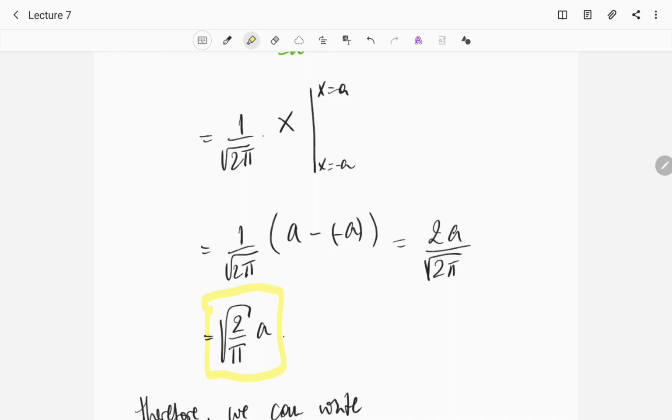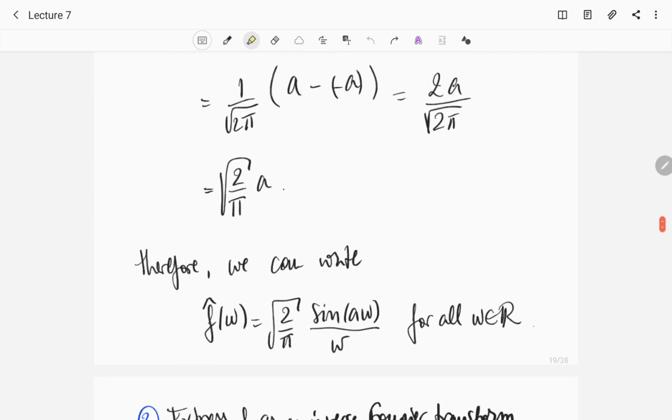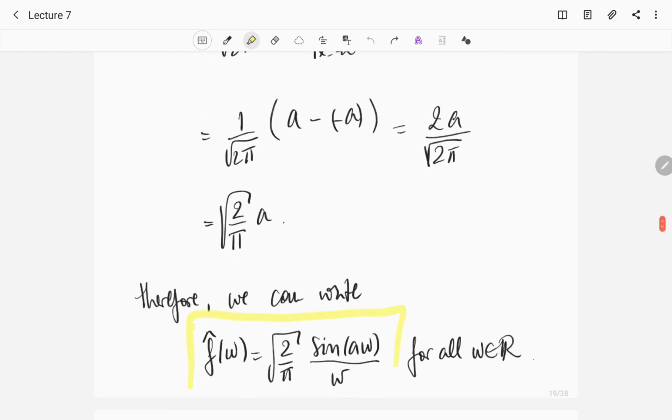So no matter which way we compute the value of the Fourier transform of f, we got exactly the same value. And now we can write this formula that we have here for any omega in R, where remember that this expression in principle is not well defined when omega is equal to 0, because we have this omega dividing the sine of a omega.